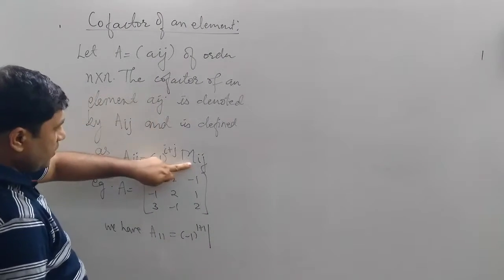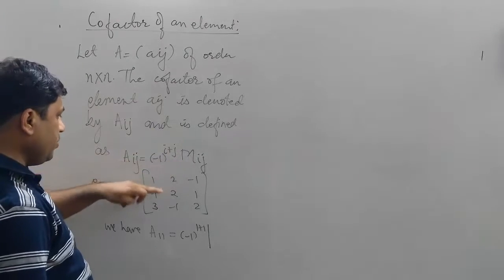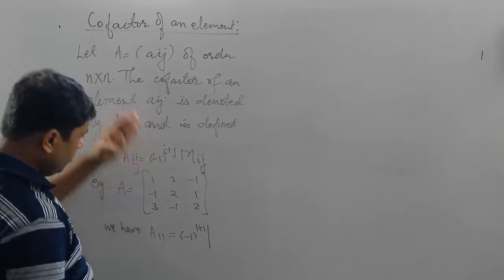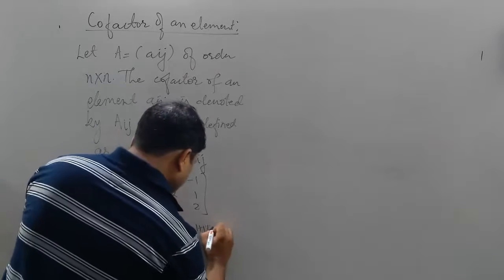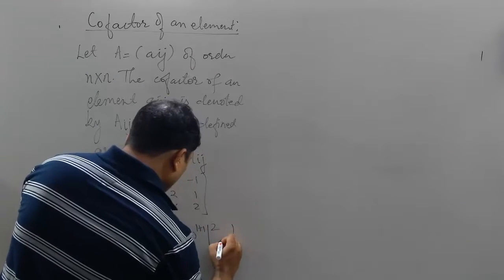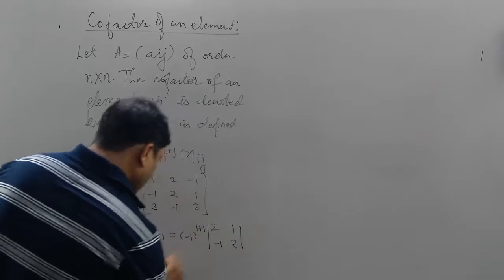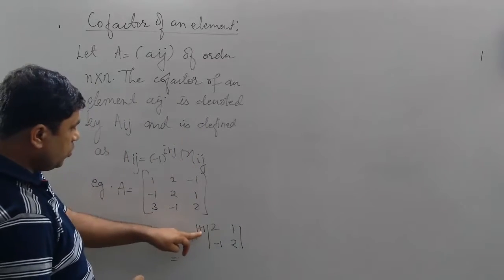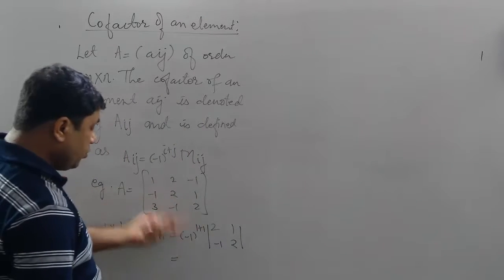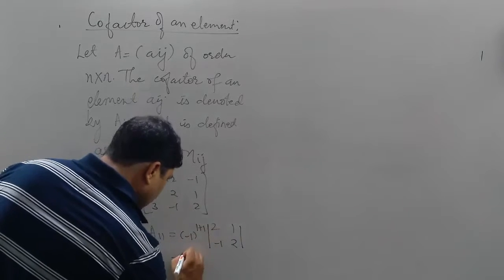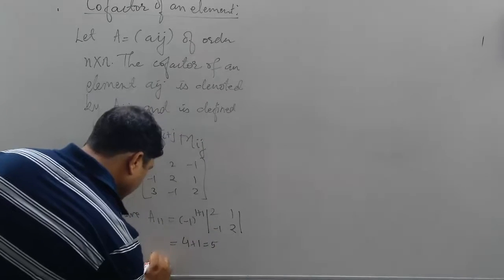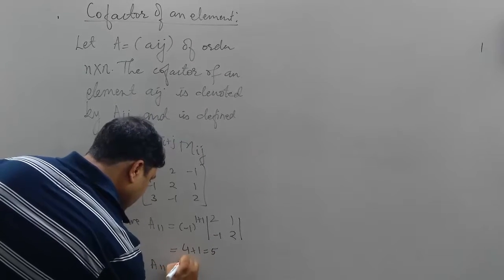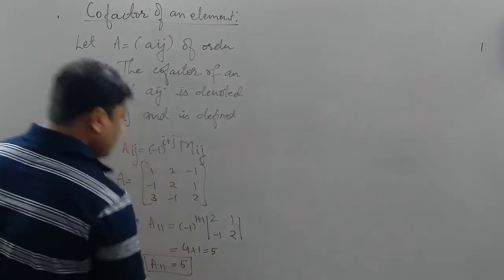What is Mij? The minor obtained by deleting the ith row and jth column. So, we delete the first row and first column, and hence we will have 2, 1; minus 1, 2. Minus 1 raised to 2 is 1, and here 2 twos are 4 and minus minus is plus 1, so it is going to be 5. So, we obtained A11 is equal to 5.